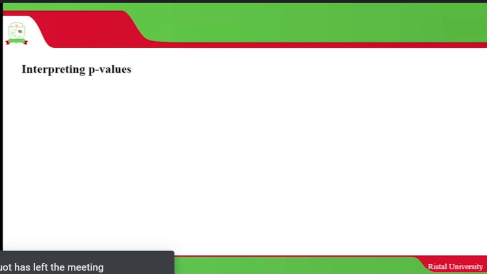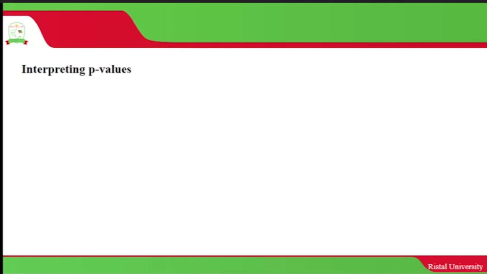So let's move on to the last section of our class today. How do we interpret these p-values?